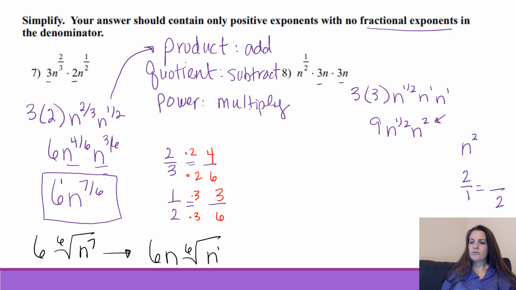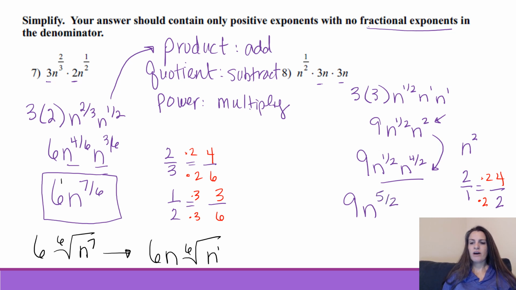There you go, that's what I was thinking. I need to multiply by 2 in the denominator and numerator to get 4 halves. So we have 9 n to the 1/2 times n to the 4 halves. Just made that have a common denominator, and now I can add those two powers together. So our final answer is 9 times n to the 5 halves.